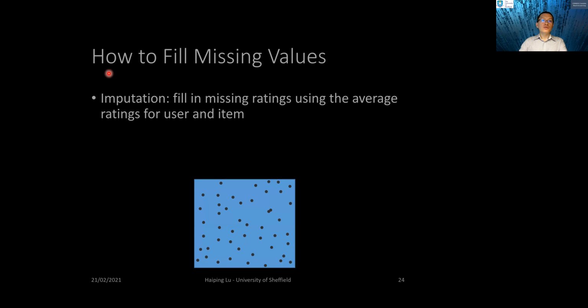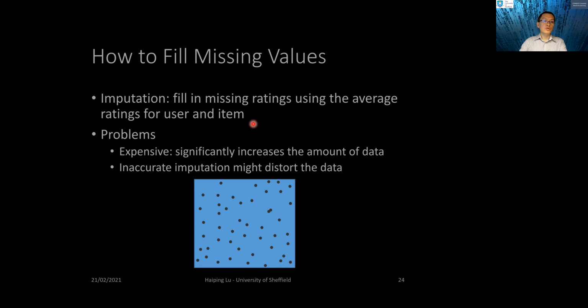One solution is to fill in the missing values. In a common imputation approach, we fill in the missing ratings using the average ratings for the users and items. But this approach has two problems. First of all, it will make the process very expensive because it will increase the amount of data significantly.